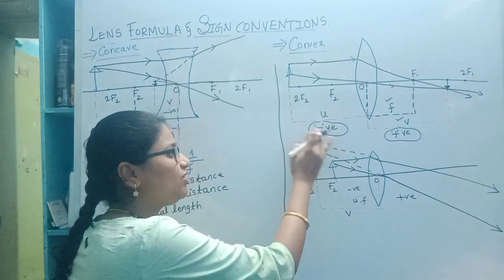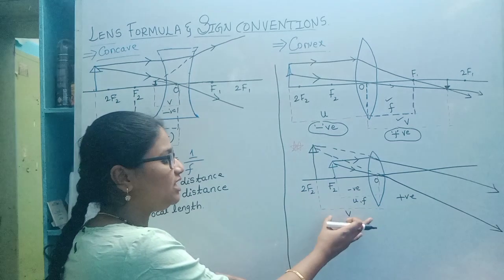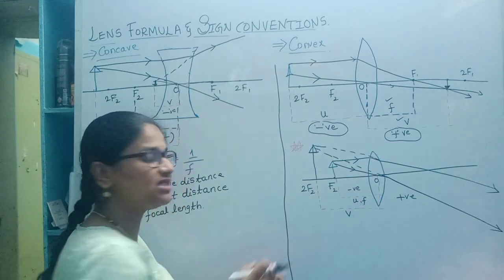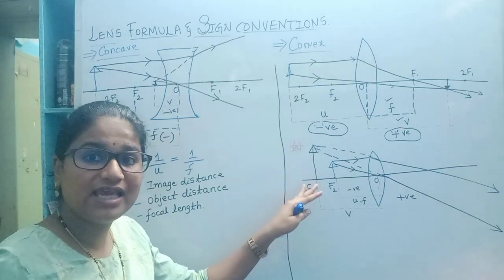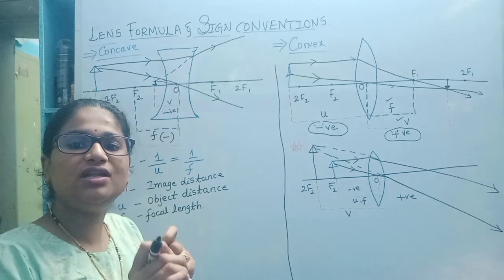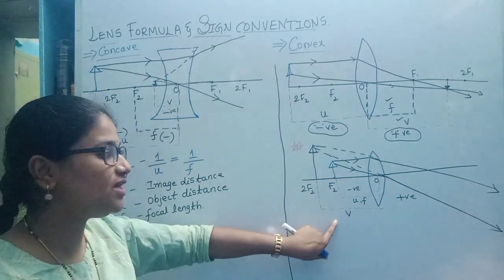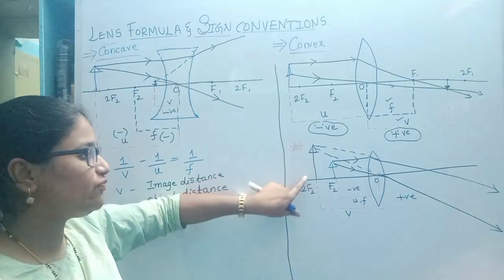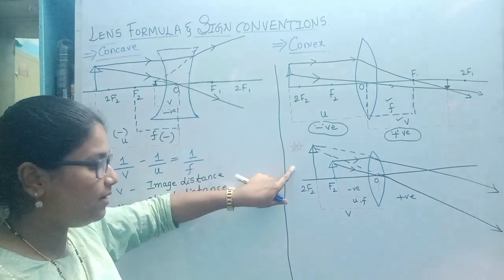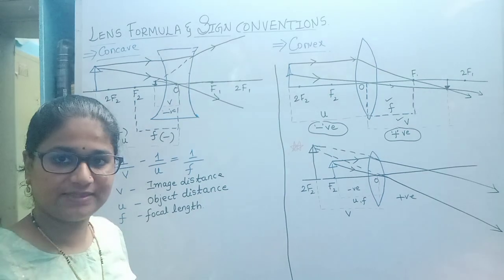So we get a virtual image behind the object. This time the image distance, focal length and object distance will be negative in a convex lens. Otherwise, the focal length will always be positive in a convex lens, except in this case where the image formed is highly magnified and behind the object, and the object is at the principal focus of the lens.